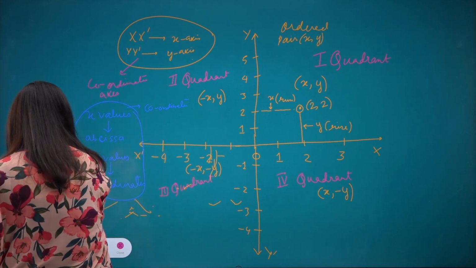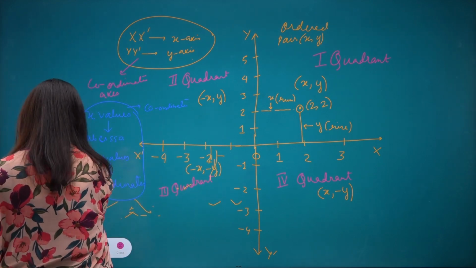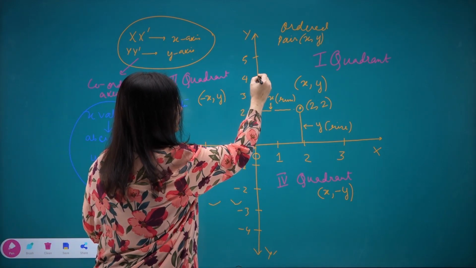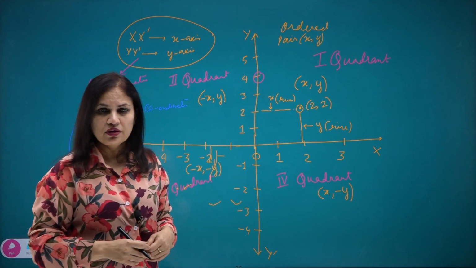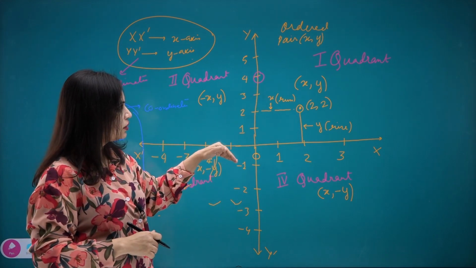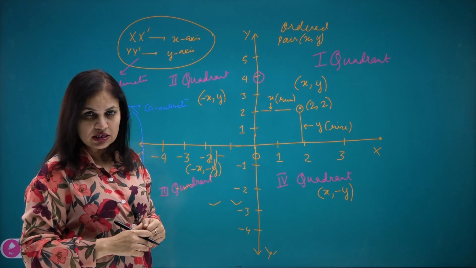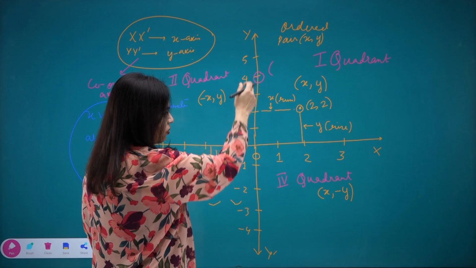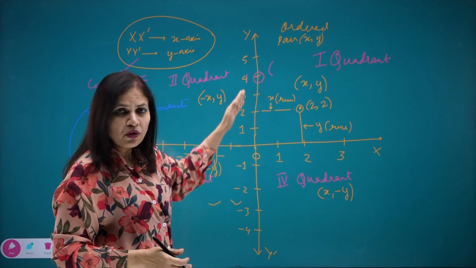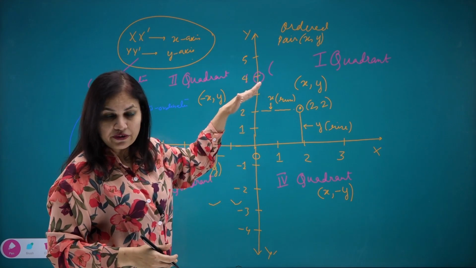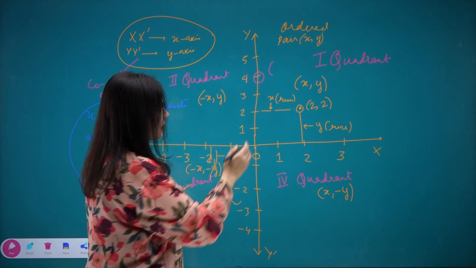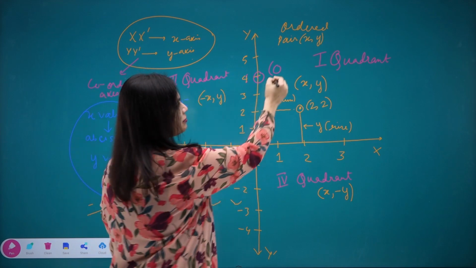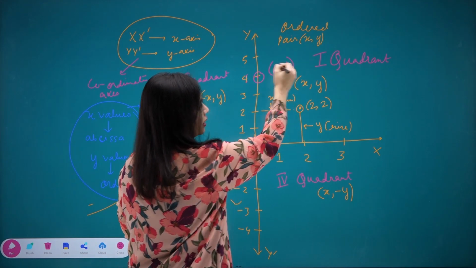For example, suppose I choose a point here, which is on the positive side of the y-axis. What is the horizontal distance? I am not running at all. I am just rising. And if I am not running, that means the horizontal distance is 0. And how much am I rising? I am rising 4 units up.